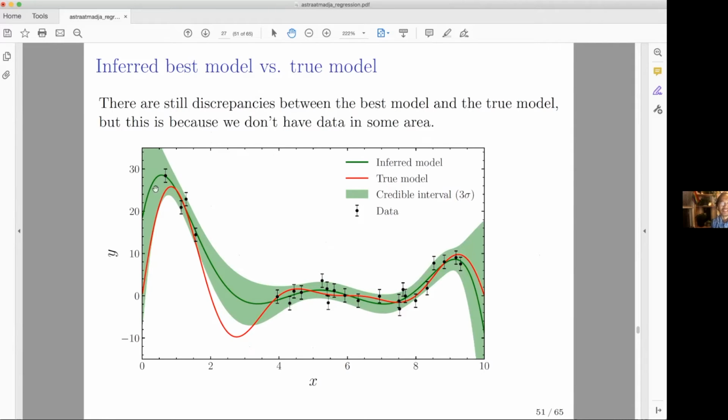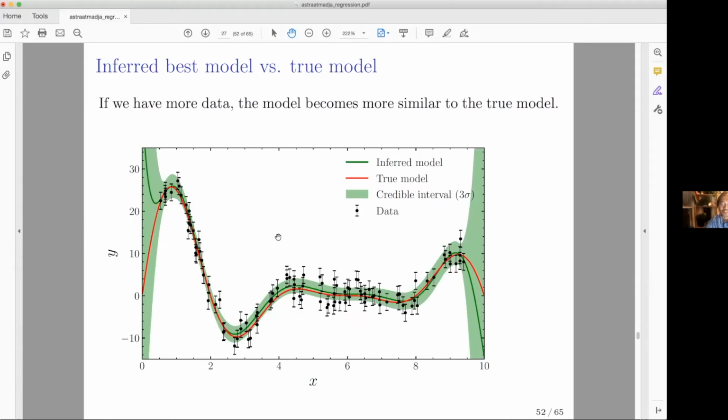There are discrepancies, there are differences here, but this is because there's a gap here. We don't know what the function looks like here. So we'll just guess based on our model. But of course, if we have more data, we have better accuracy, then our inferred function resembles quite closely the true function here, the true model.